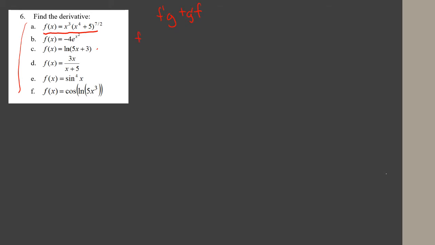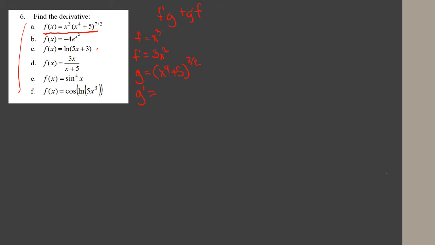We've got f as x cubed, f prime, if we take the derivative of that, that's 3x squared. And then g is going to be tricky. G is x to the 4th plus 5, all of that raised to the 7 halves. Now let's take g prime. We're going to have to do a little bit of cleanup work here.